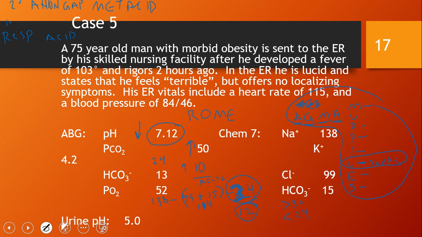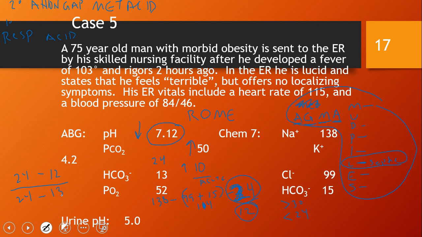And I guess you could do a delta ratio here, but I'm not sure what that's going to tell us. So let's do it and find out. What you do for this one is you take the measured anion gap, which is 24, and subtract it from the normal anion gap, which is 12. Then you take the normal HCO3, which should be 24, minus what we actually have for an HCO3, which is 13.